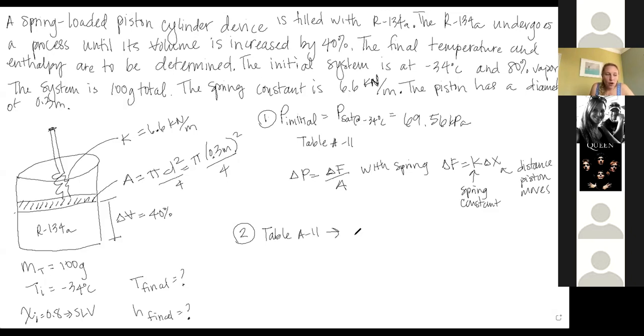we have our specific volume values. So our specific volume of our saturated liquid is 0.0007141 cubic meter per kilogram. And our saturated vapor is equal to 0.27082 cubic meter per kilogram.